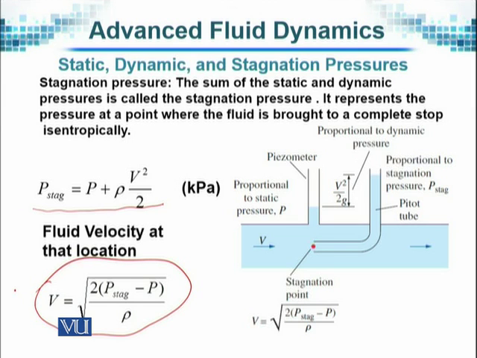And in a fluid flow field, if this is the stagnation point, then at that point the value of velocity is as calculated and it will appear to be like this.